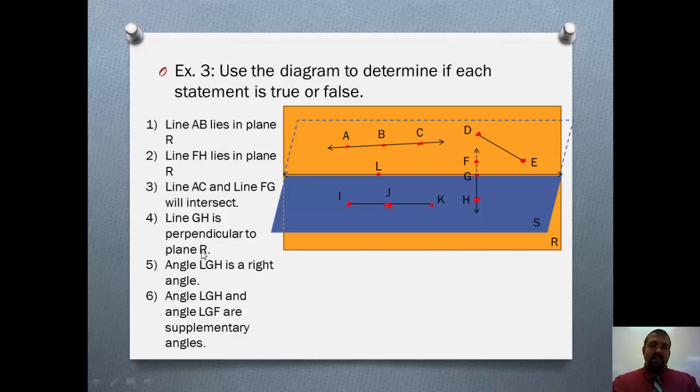Alright, line GH is perpendicular to plane R. You know, that looks like it. This is a rectangular shape for plane R, and this looks like it's going up and down. In fact, it even looks like it might be perpendicular to line GL here. However, there is no marking there. There is no right angle box.